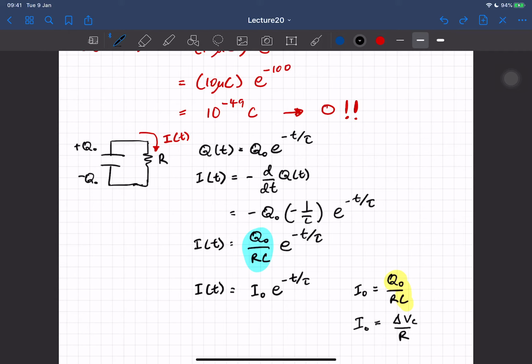And then you can use V equal to IR to calculate the current. But again, the main difference is that as time passes, the charge will be less and less. So the potential across the capacitor will also be less and less. So I will decay exponentially like this.